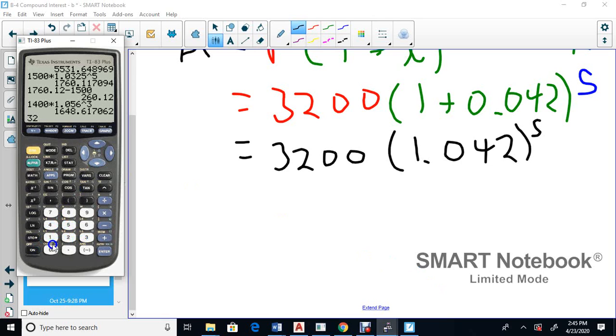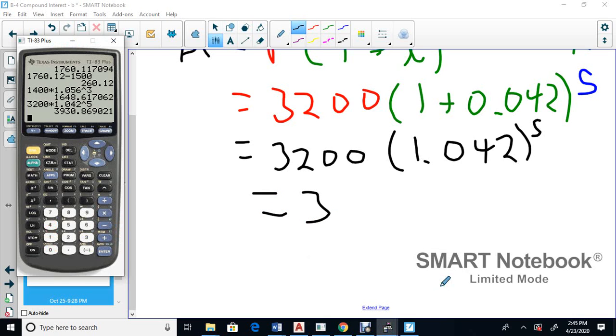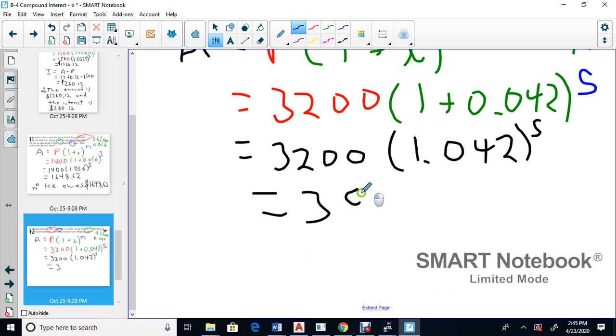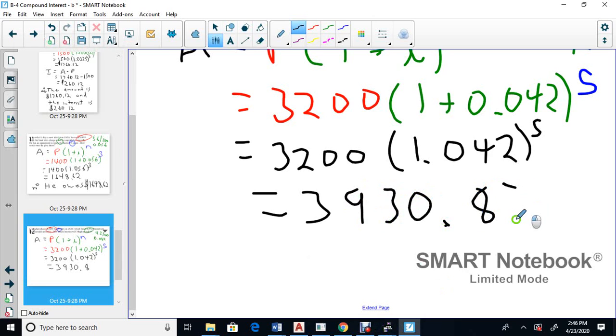So 3,200, whoops, her starting value, or how much she put in, times 1.042 to the exponent 5, and you get $3,930.87. Uh-oh, I gotta go back. My memory's not that good this time. 930. Decimal. And I gotta read the last two numbers here. And 87 cents. Okay, that's just the amount.